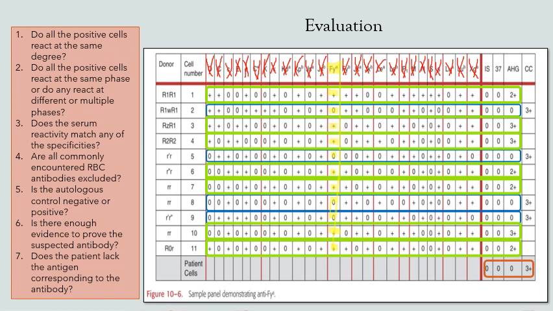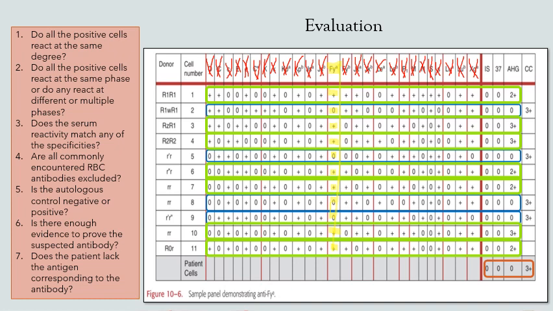Number 7, does the patient lack the antigen corresponding to the antibody? So, the last step is to test, since we identified our antibody, the patient's RBCs for the corresponding antigen.